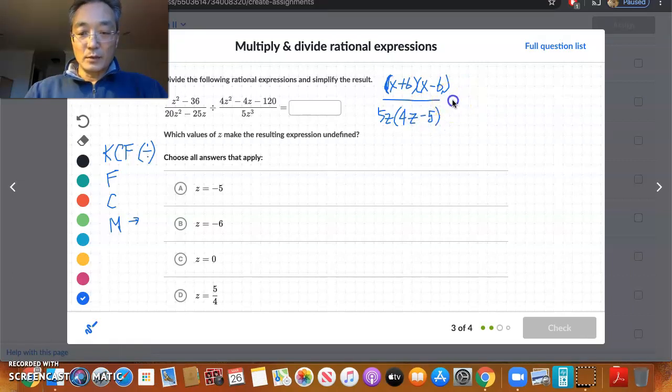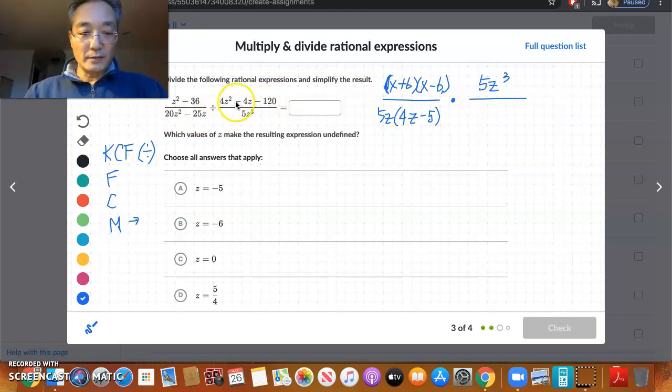Okay, and now we're going to change that division into multiplication. We're going to flip it. So we're going to have 5z cubed over, and let's try to factor this thing.